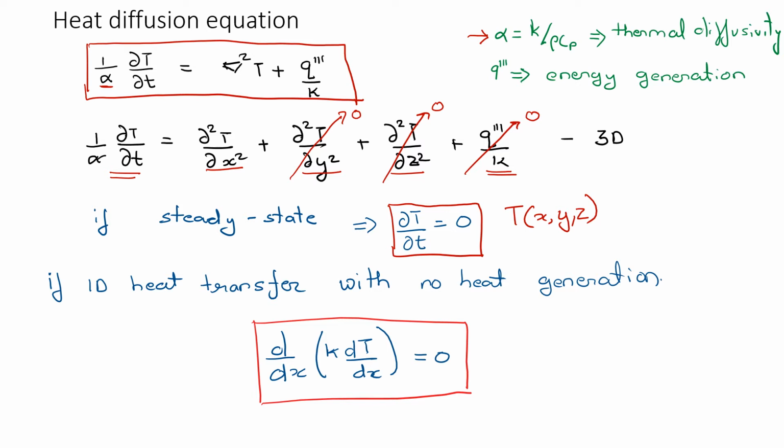So our partial derivatives now are ordinary derivatives, and our equation becomes d/dx of k times the derivative of temperature with respect to x, or whichever direction the heat is flowing in. If it's flowing in the y direction, it will be y. If it's flowing in z, these will be z, and the right hand side is 0 because it's steady state.